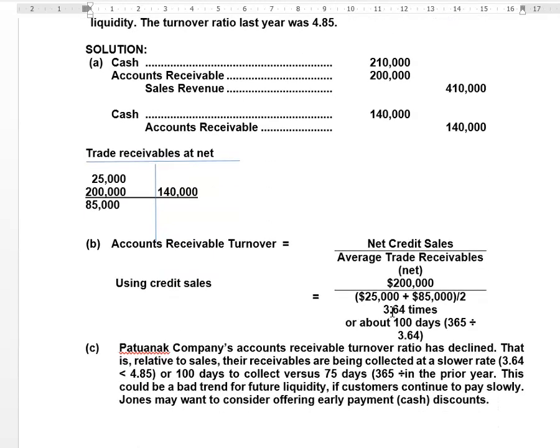So we know that if we collect on average 3.64 times a year, it's taking us about 100 days, or just over 3 months, to collect receivables. And how do we know? We take our 365 days and divide it by 3.64 times, which gives us the number of days that we calculate, right? In terms of the number of days it's taking us to collect receivables.